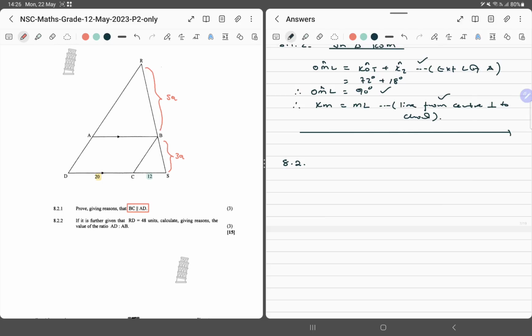So the way we want to look at it is to look at this triangle in this manner. So I want to look at it like so.